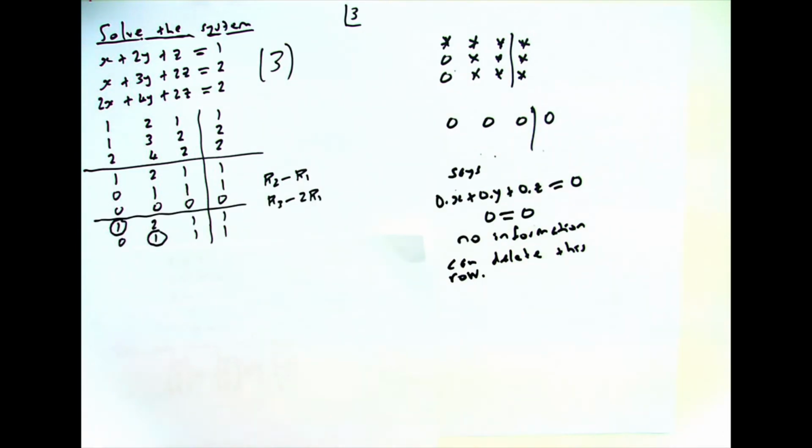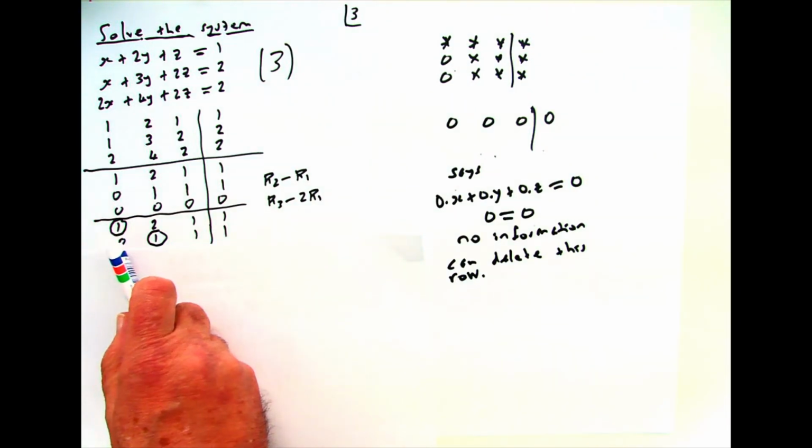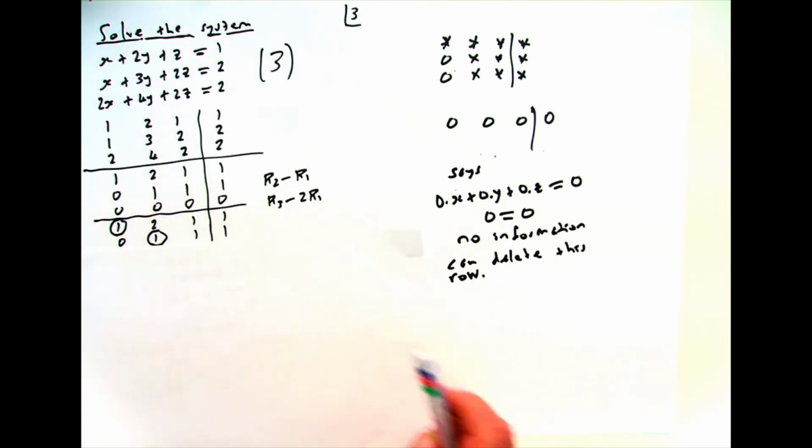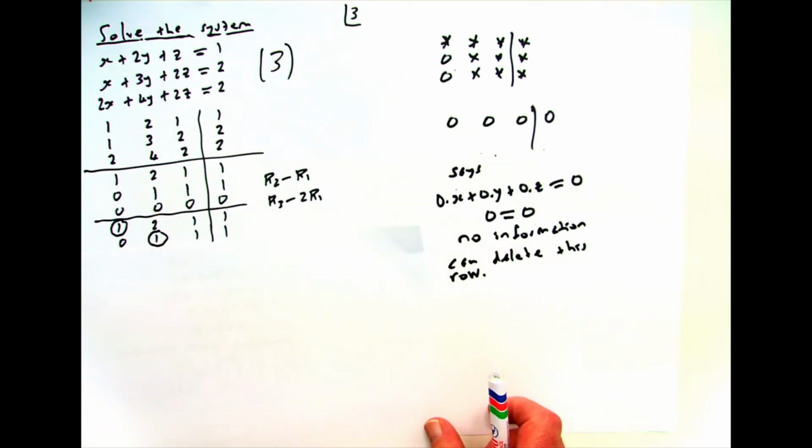Now we've only got 2 rows, 1, 2, 1. The first 2 rows are the same as before. Okay, now have we finished doing the row reduction? Does every row start with more zeros than the one before?